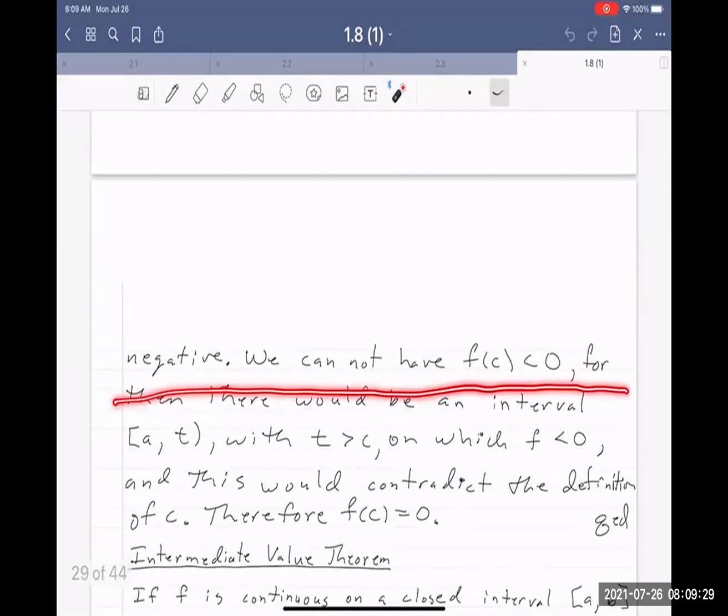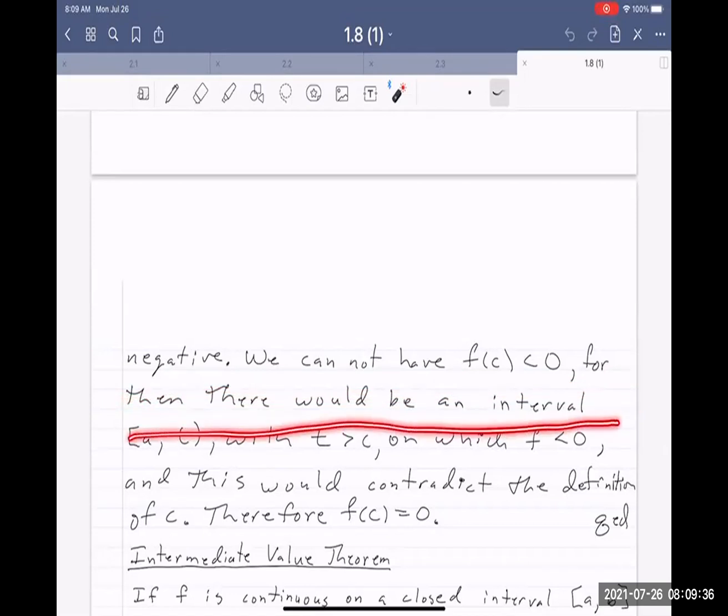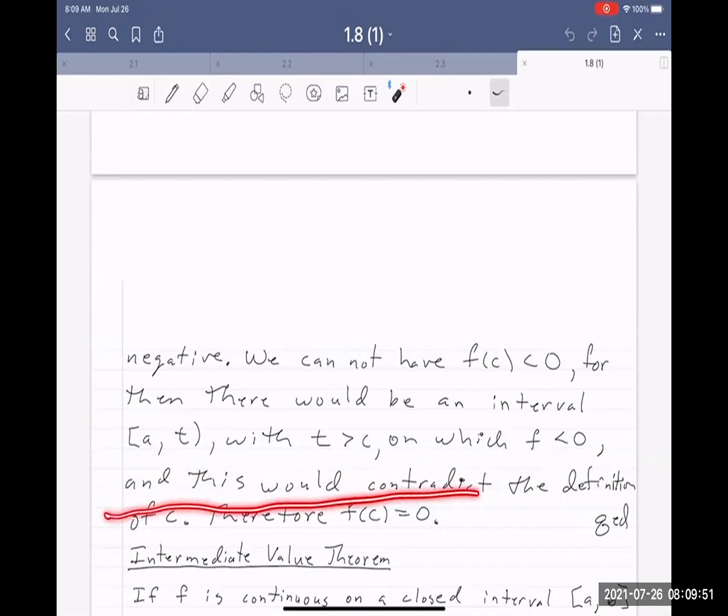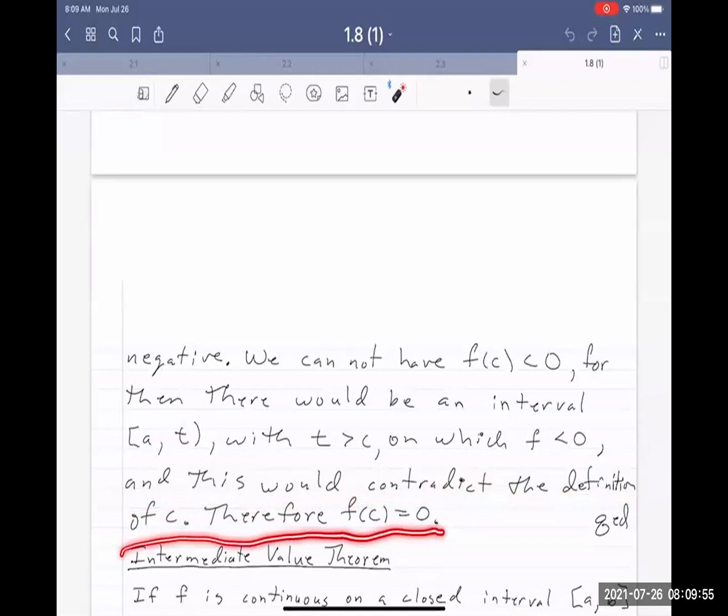We cannot have that f of C is less than 0, for then there would be an interval from A to T, where A is in the interval, but not T, with T greater than C, on which f is less than 0. And this would contradict the definition of C. Therefore, we've constructed C. We have that f of C is 0.